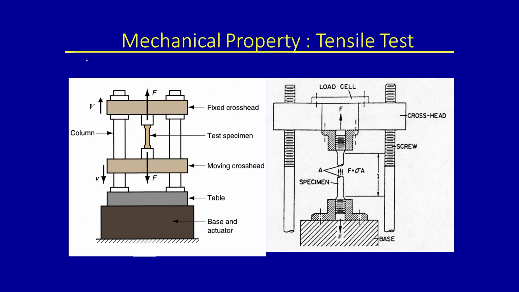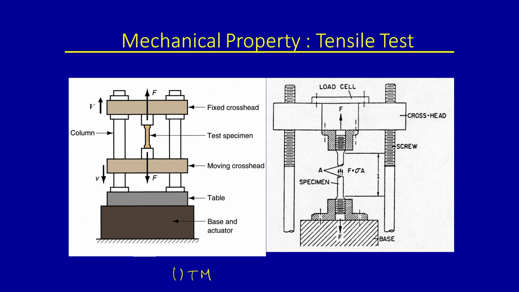How do you test? To give a perspective of tensile testing, which is most commonly used in actual practice, this is called a tensile testing machine, or UTM, universal testing machine, which probably you have heard about. Here you put a sample like this, which is nothing but a dog bone shaped sample, okay.